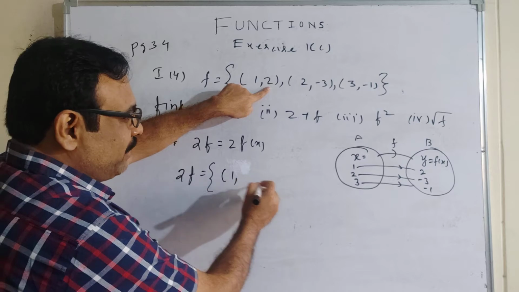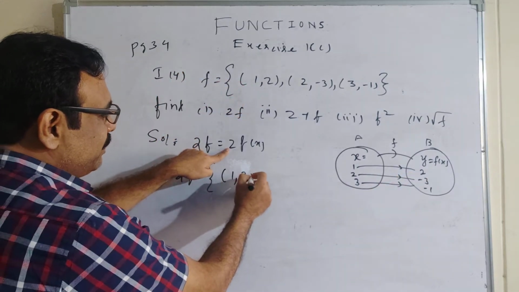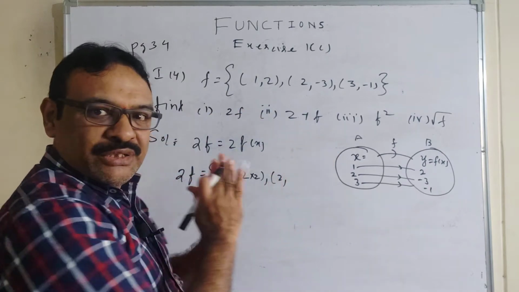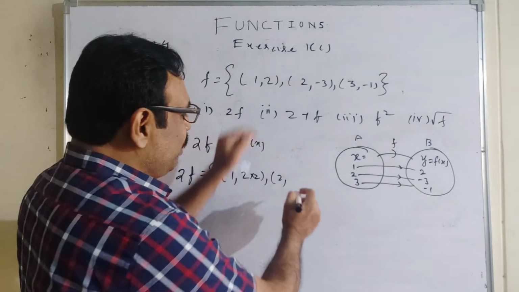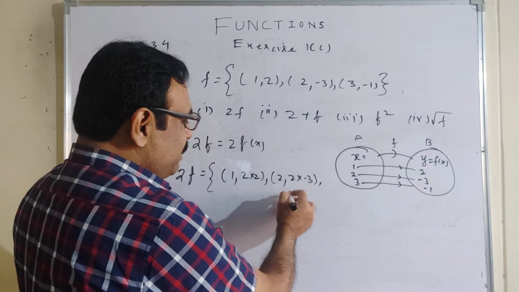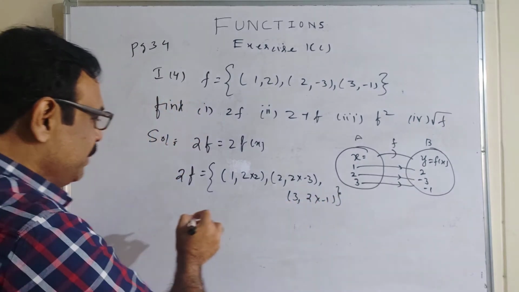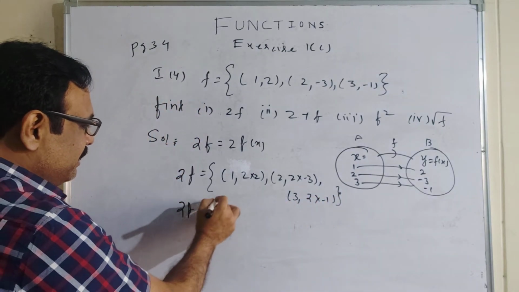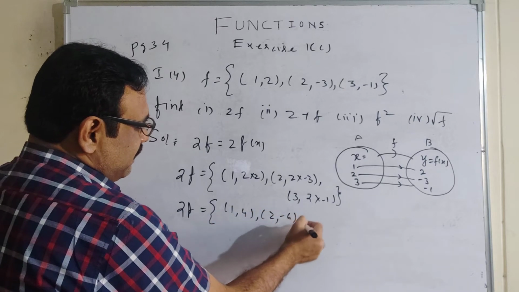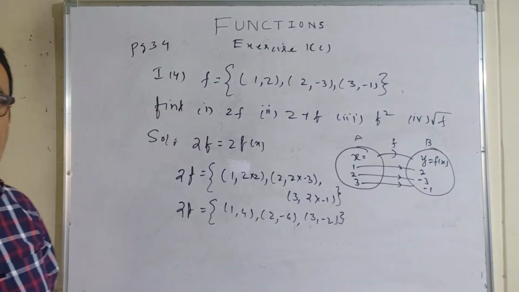The codomain element is related to f of x and that should be multiplied with 2, that is 2 into 2. And this 2 will remain the same, that means domain elements will not be affected. The codomain element you should multiply with minus 3, and domain elements you have to leave as they are. Codomain elements should be multiplied with 2. So what exactly are you going to get? This is 1 comma 4, this is 2 comma minus 6, and this is 3 comma minus 2, and this is going to be the answer.